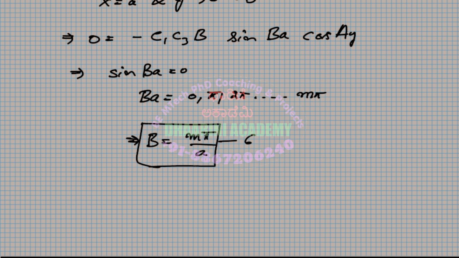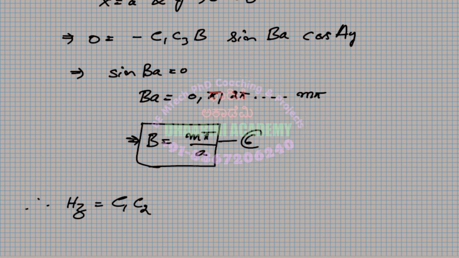So substituting this back, right, I'll try to write a complete solution now. So therefore, hz, this is the most recent update whatever we have. C2 and C4 we equated to 0 earlier because of the certain conditions.